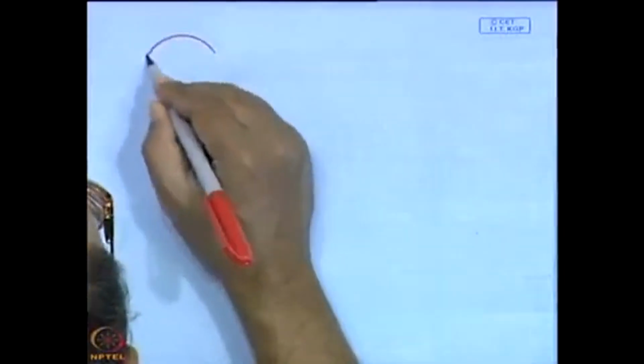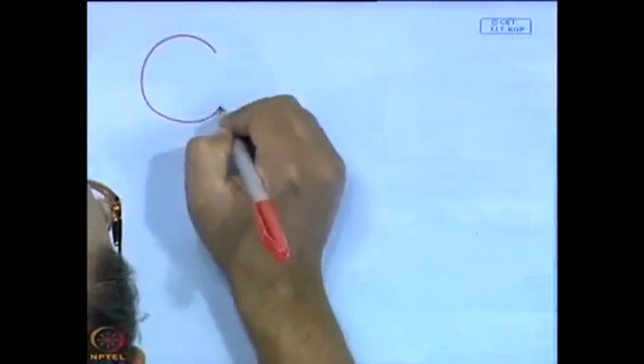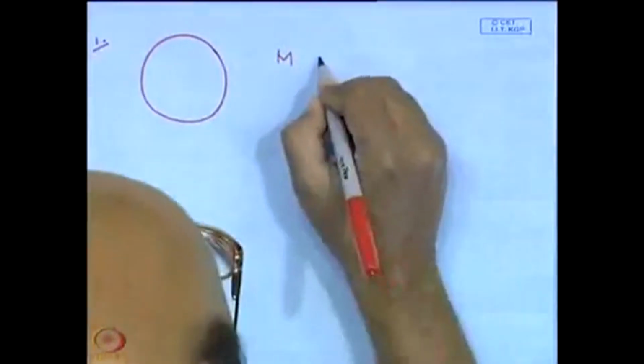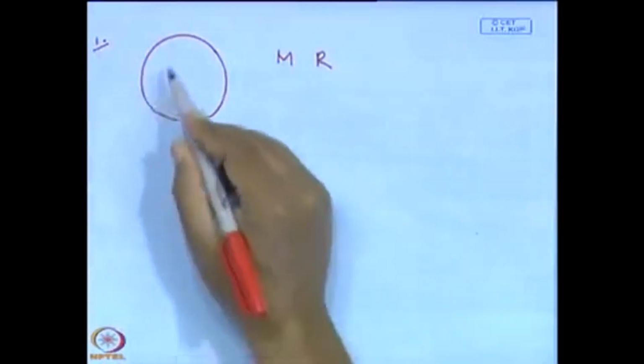You can think of it as the sun or some other sphere of gas, and the sphere has mass m and radius r, and it is in gravitational equilibrium. So, if it is in equilibrium, the sphere satisfies virial theorem.